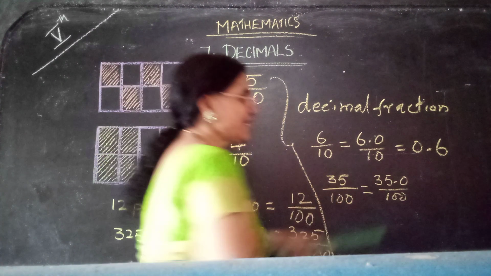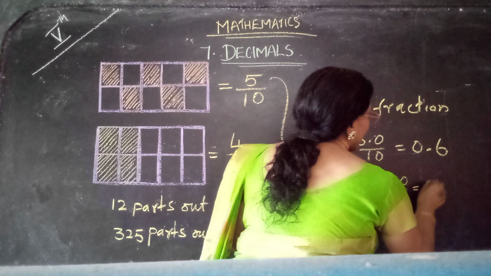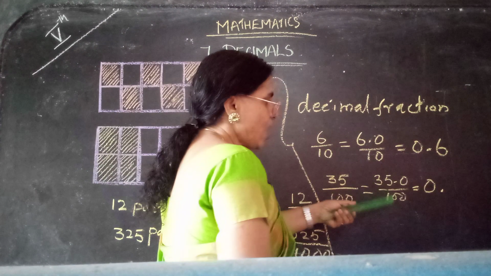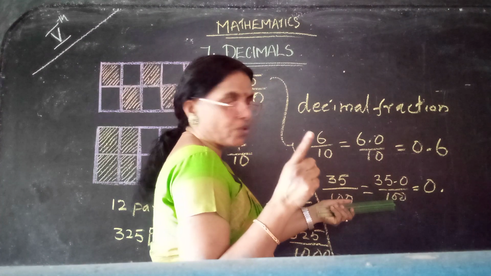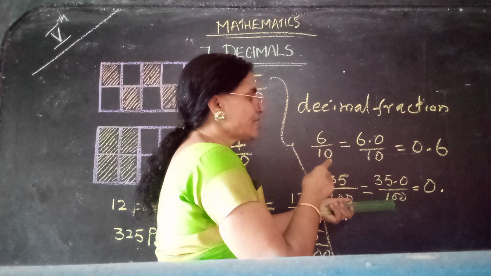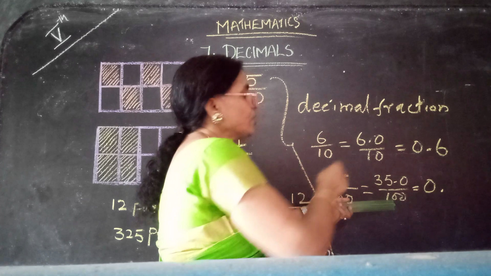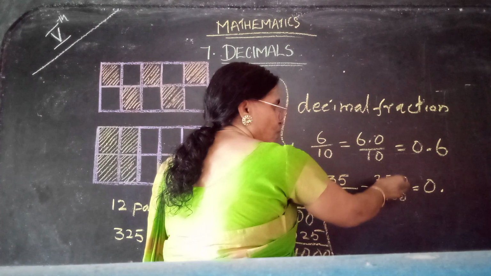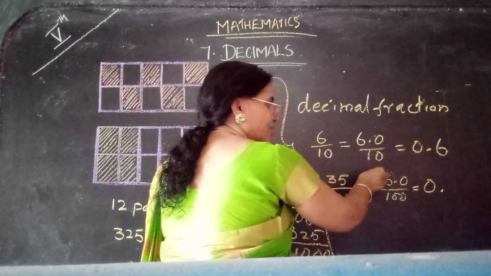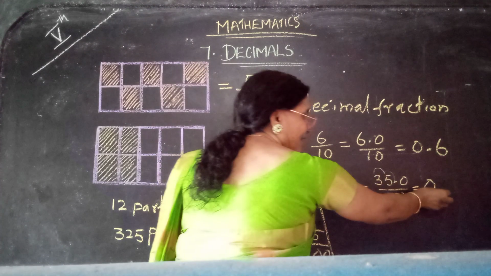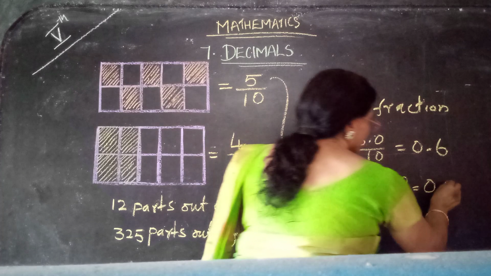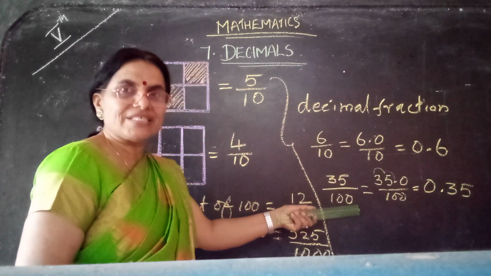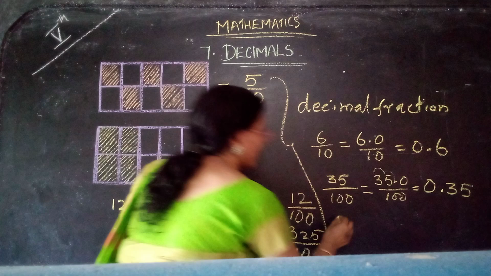So, how can you write this? We can write this 0 point. How many zeros are here? 2 zeros. So, the decimal point is going to jump to the left side 2 times. Why? Here 2 zeros. So, one jump and next jump. So, the decimal is here. So, we can write this 0.35. Clear, children? Yes.